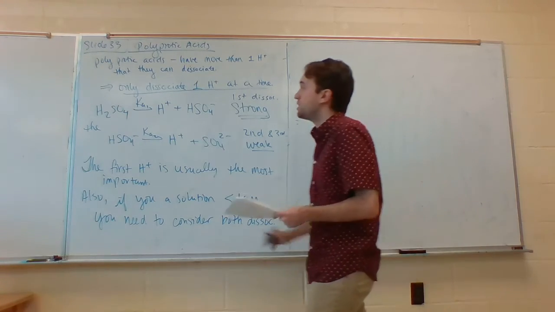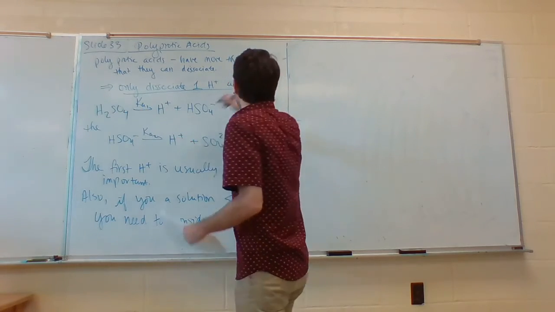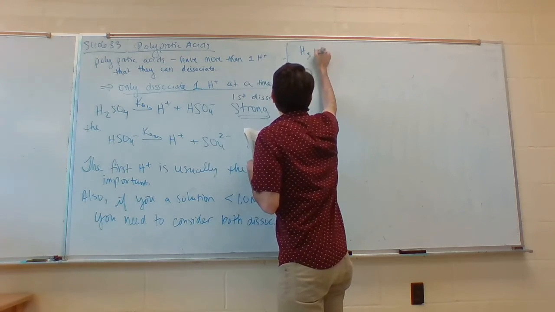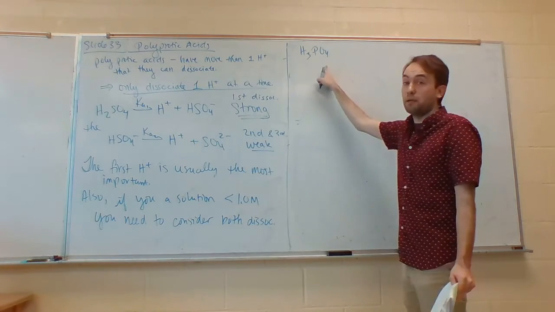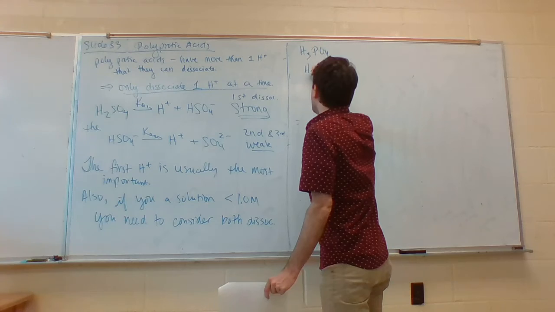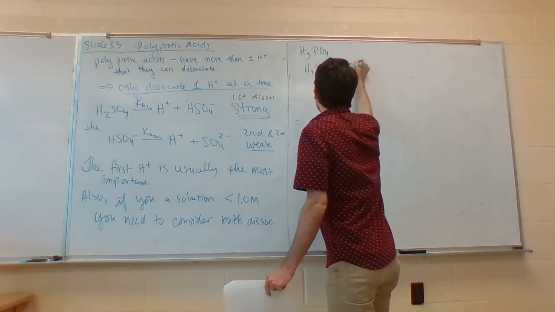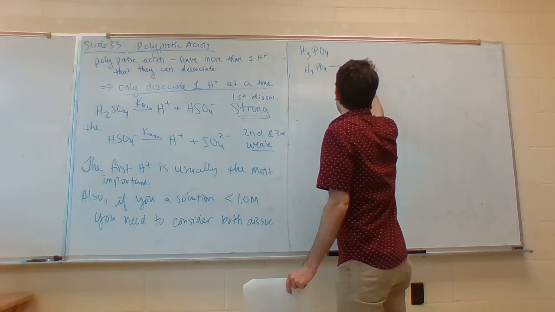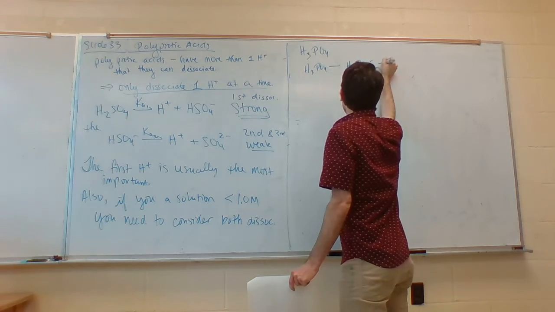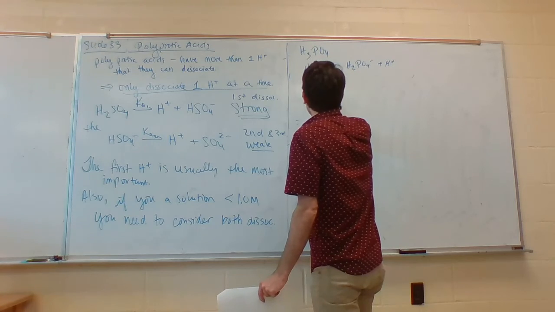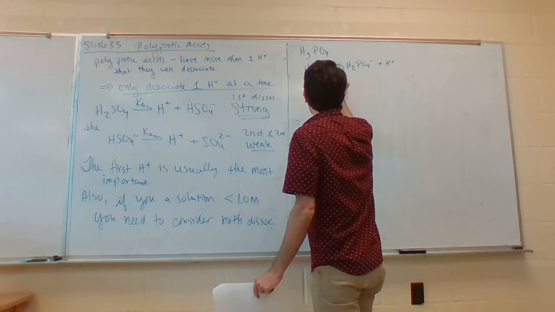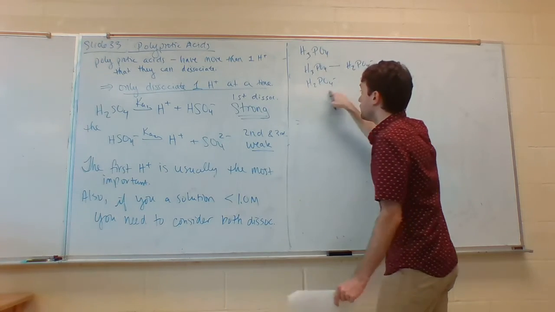Examples of polyprotic acids are things like sulfuric acid, or we have phosphoric acid, which was H3PO4, right? This has 3, right? So you'd have H3PO4 dissociating into H2PO4 minus plus H plus, right? Where it loses 1. Then you have H2PO4 minus, okay? Because this one's already lost 1.